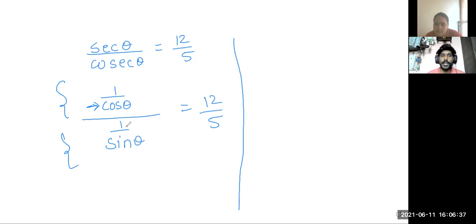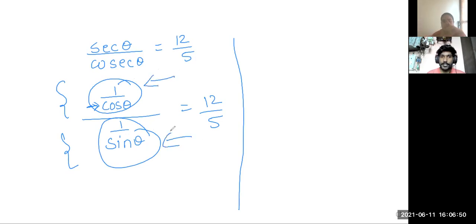This one here. Now, this is a fraction and this is a fraction. So it is fraction upon fraction. Clear? Yes. Okay. Now, look at the numerator and now look at the denominator. The numerator has 1 upon cos theta. Denominator has 1 upon sin theta. Correct?